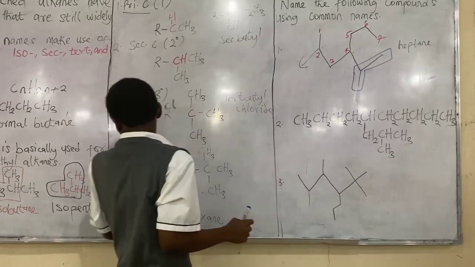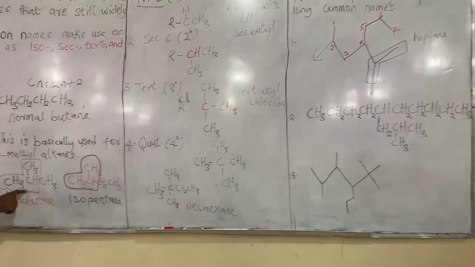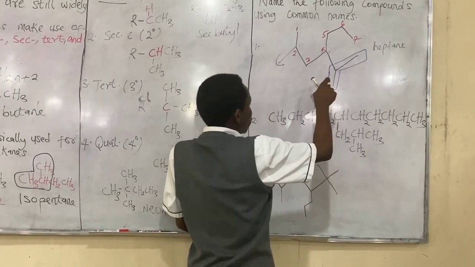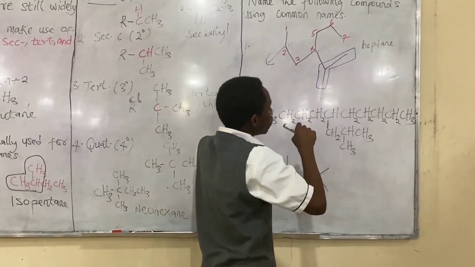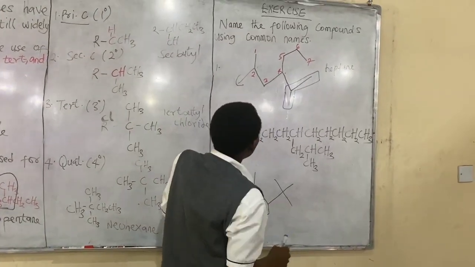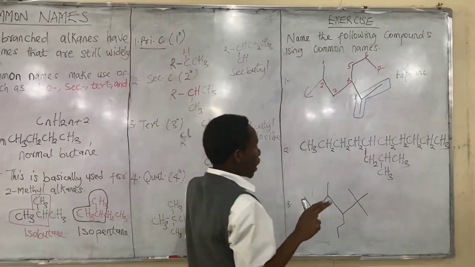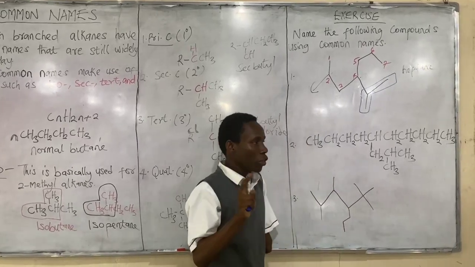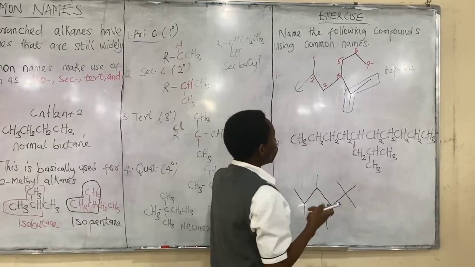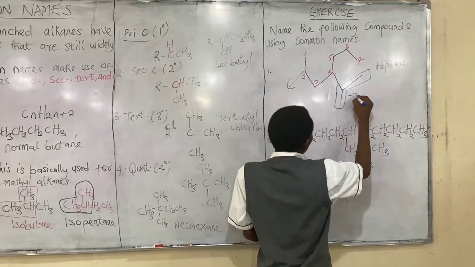Iso, like we said earlier. So it's the same thing. This was the iso. The next thing will be counting the number of carbons: 1, 2, 3. It has 3 carbons, and 3 carbons stand for propane. But because it is a substituent, we call it propyl. So this is isopropyl.